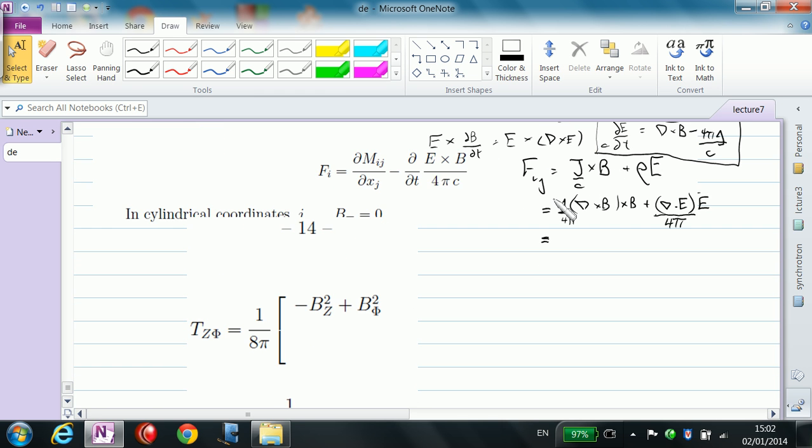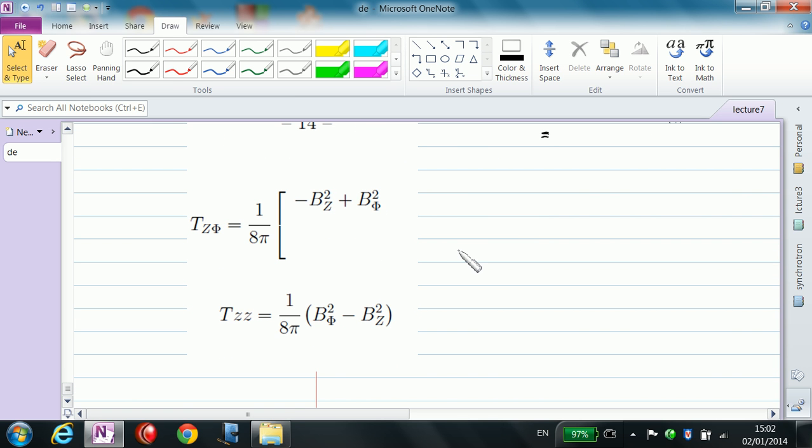Might as well do it in cylindrical coordinates. Tzz is B phi squared minus Bz squared, and that's the momentum flux along a field line that has axis symmetry.